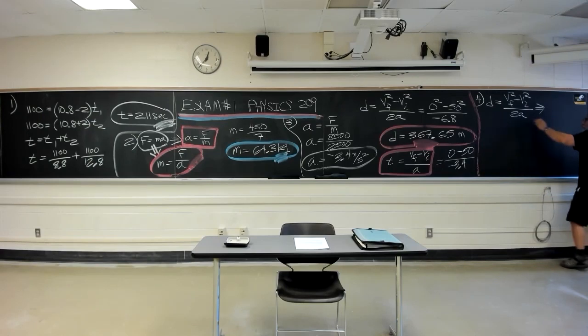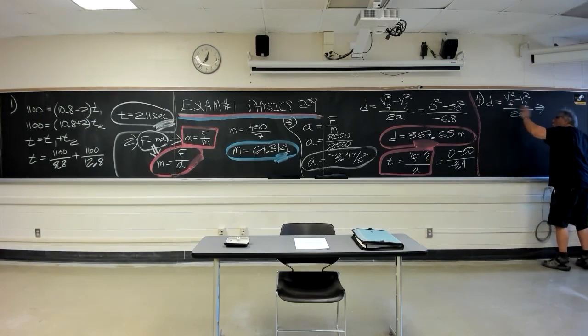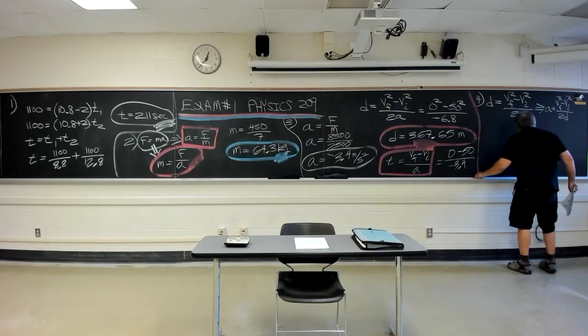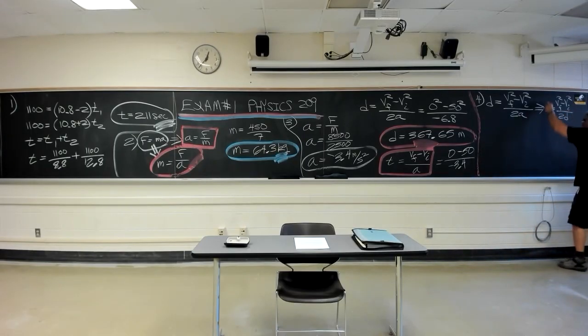And this equation right here, multiply by A on each side and divide by D. And we've been here. We've done this. And that's a lot of the problem. It's not the whole problem, but it's a lot of the problem.